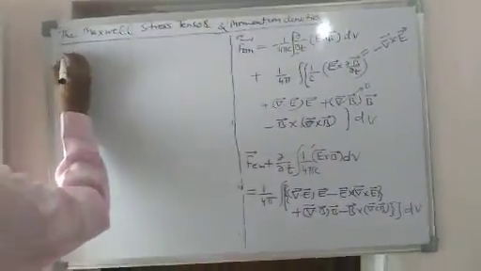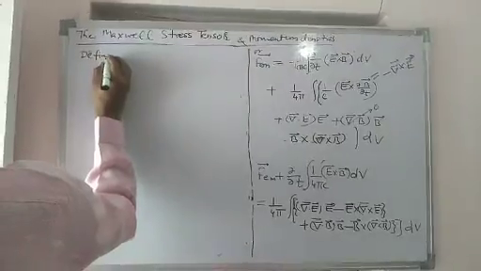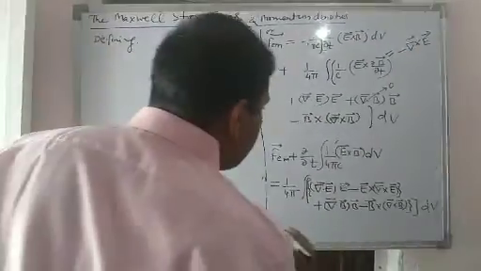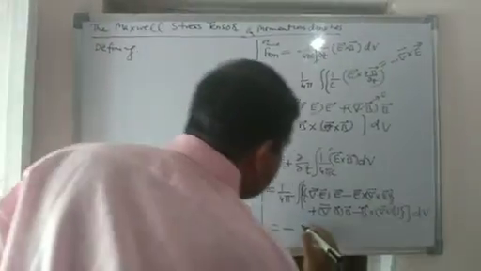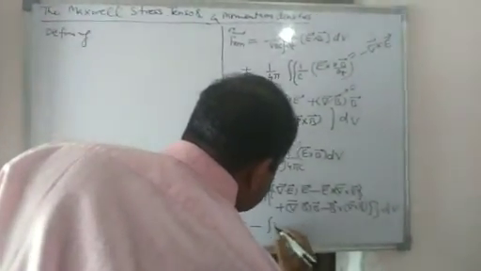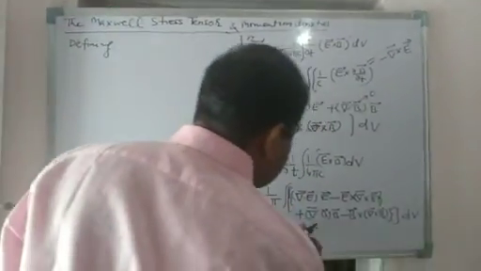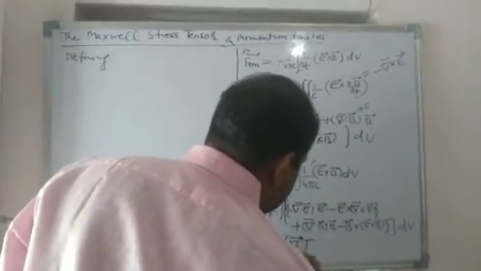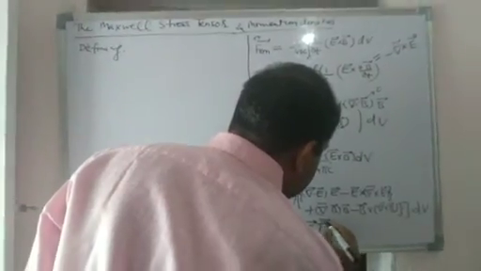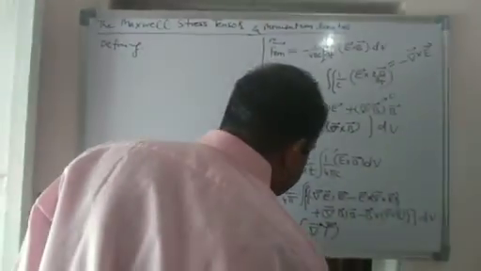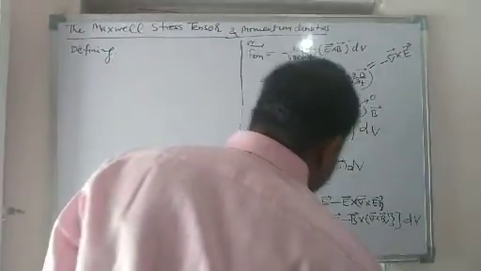So this is defining, so this I could write as minus of del dot some tensor. So basically this is T vector del dot T and dV.